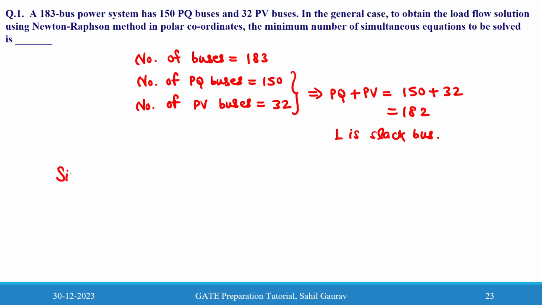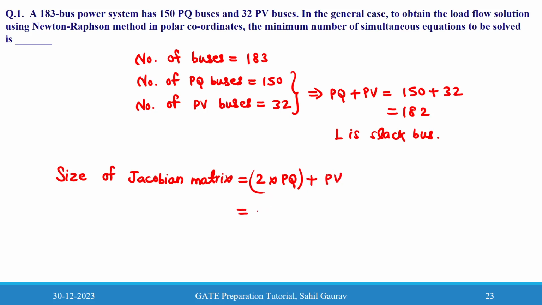So size of Jacobian matrix is 2 into PQ bus plus PV bus, 2 into PQ plus PV.